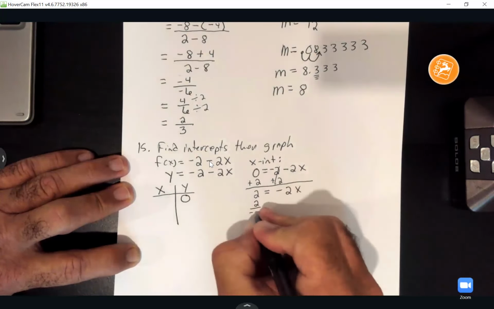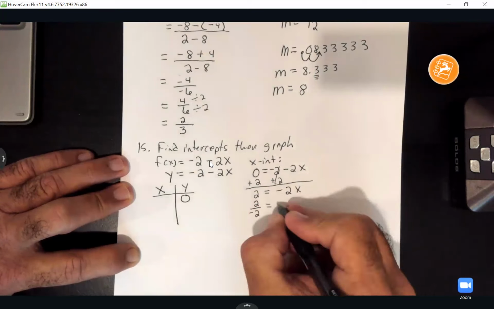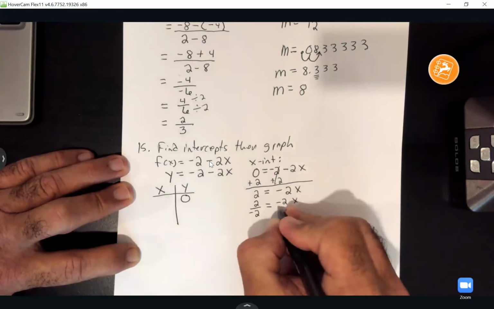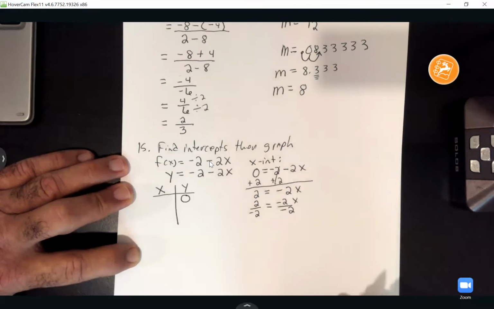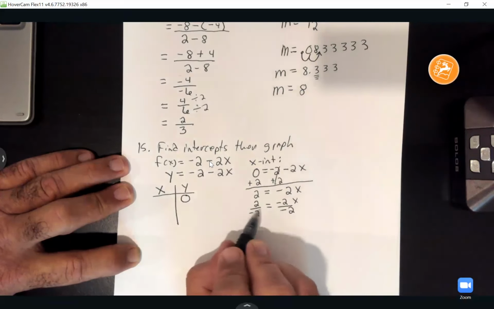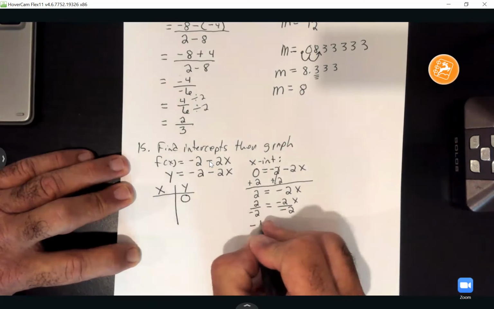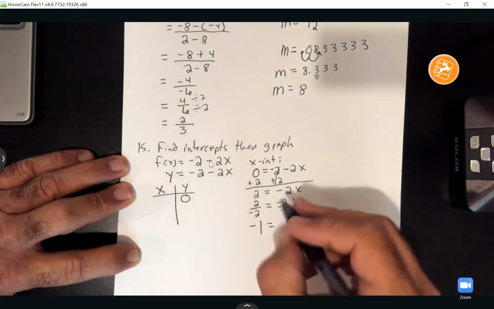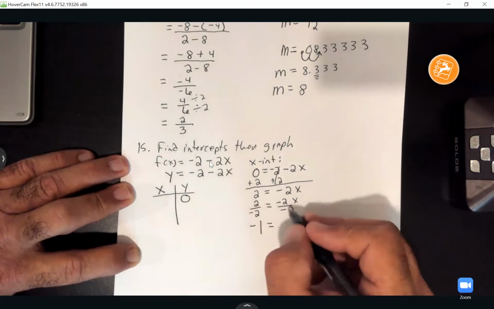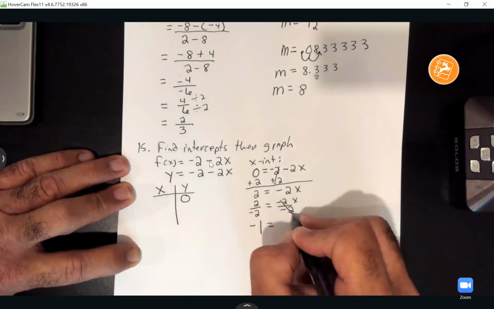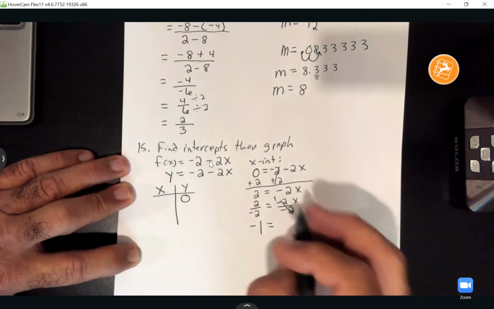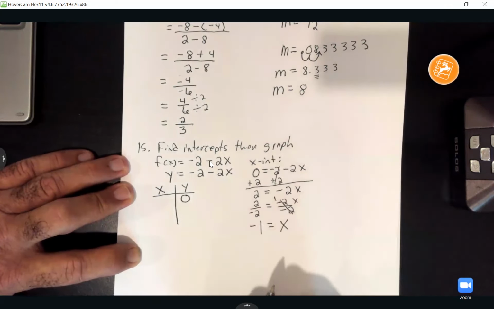So 2 divided by -2 will equal -2x divided by -2. Y'all be careful here on the left side. You got a positive divided by negative. That's going to make that a -1. But on the right side, you got a -2 divided by -2. Those will cancel, making that a positive 1x. So when y is 0, our x is a -1.